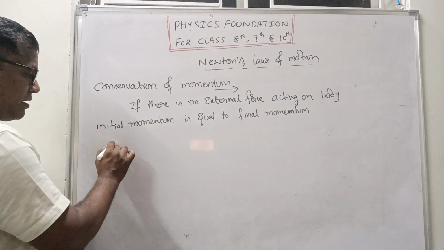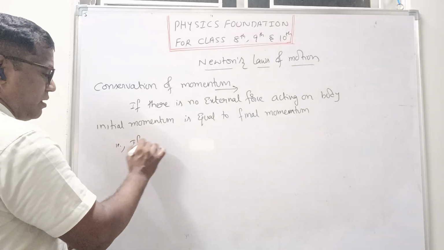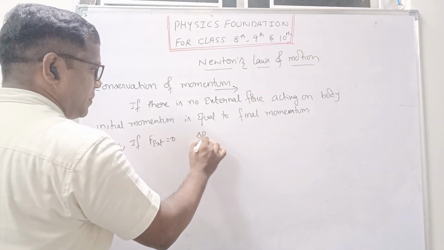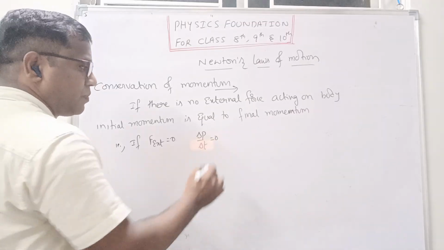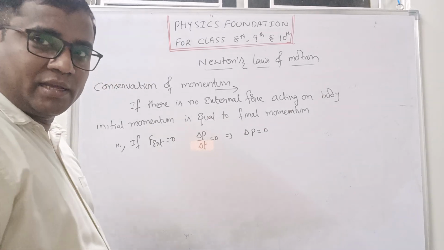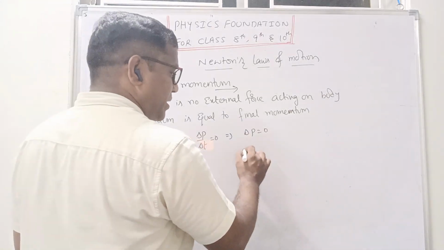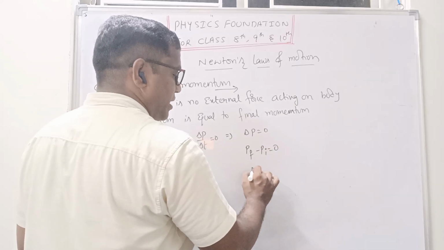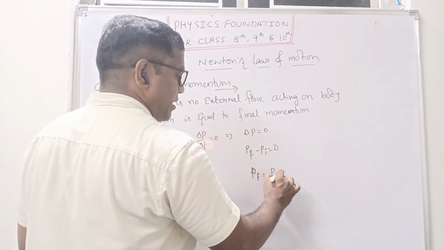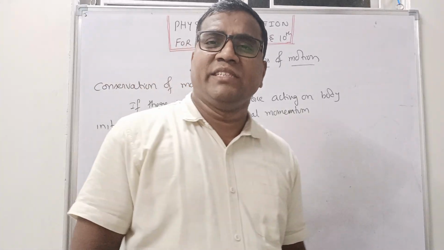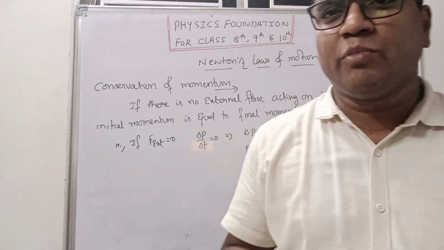That is, if F external is equal to 0, delta P by delta T is equal to 0. That implies delta P is equal to 0. What is delta P? PF minus PI is equal to 0. So PF is equal to PI. Initial momentum and final momentum should remain the same.